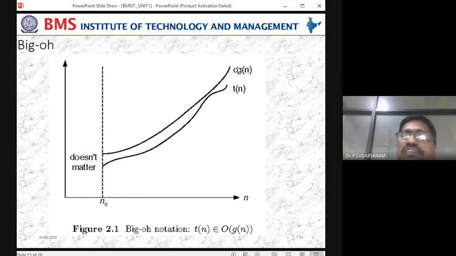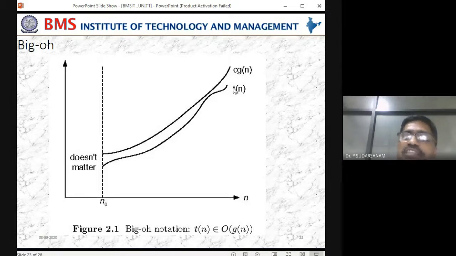And T of n is less than or equal to g of n. When you multiply, for example, 3 is there, you can take 6, for your n input values. So if you multiply with some constant, you can reach it. For example, this is 2, this is 6. If T of n is 2, you have the sum of the values, and n is also there.